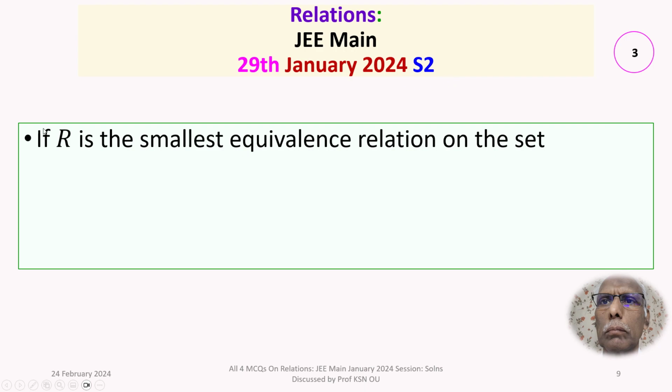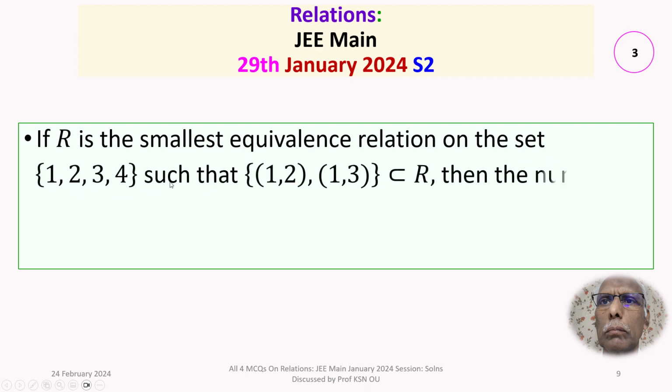The given question is: if R is the smallest equivalence relation on the set {1, 2, 3, 4} such that the set consisting of the ordered pairs (1, 2), (1, 3) is contained in R, then the number of elements in R is.